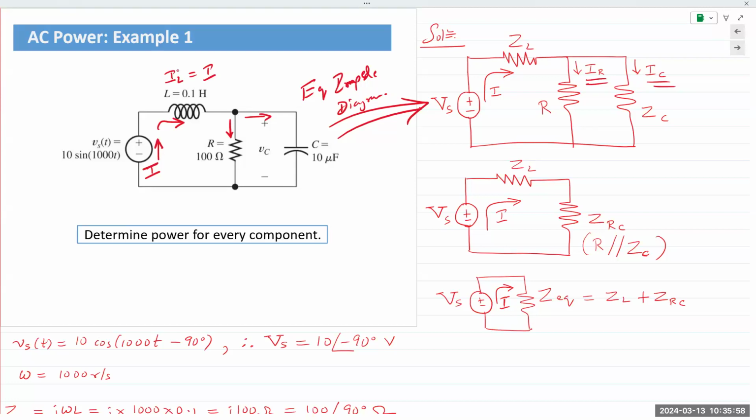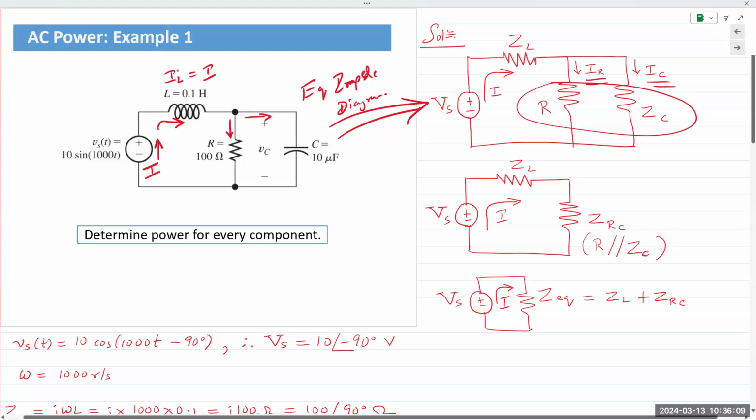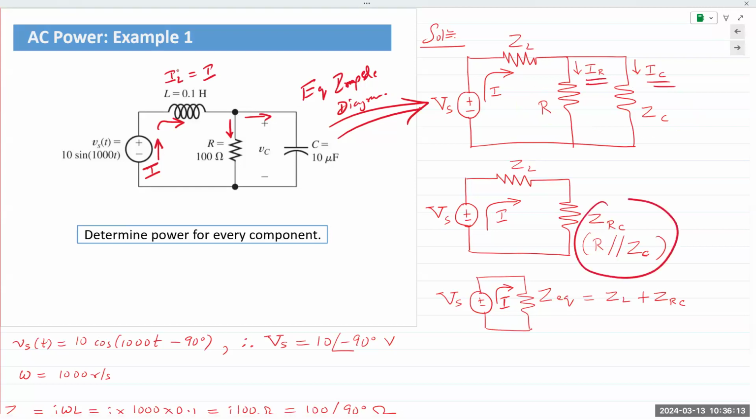I can combine the resistor and the impedance of the capacitor ZC because they are in parallel, right? You can combine impedances the same way you combine resistors. I will label that as ZRC. ZRC is the parallel combination of R and C. When you have two components, it is simply the product of the two divided by the sum of the two.